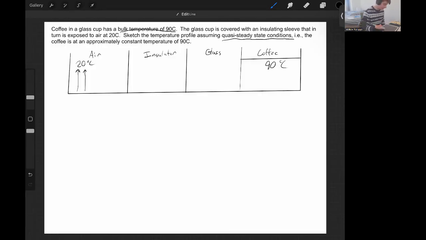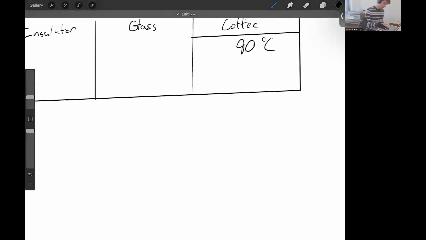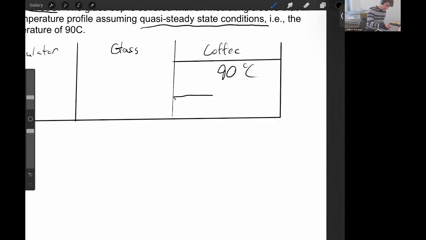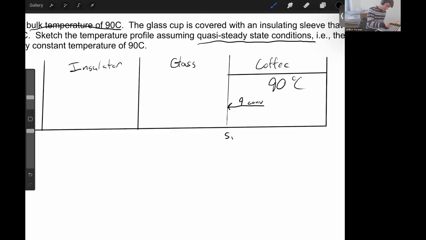First, let's go ahead and start showing off some of the math of this problem. So, as we know, if we have heat transferring from a fluid like coffee, this is going to be heat transferred via convection. And let's call this surface 1. Now we have glass.